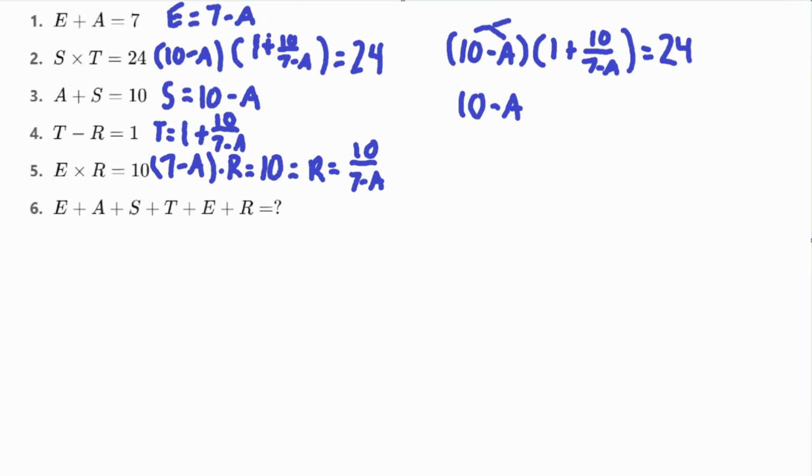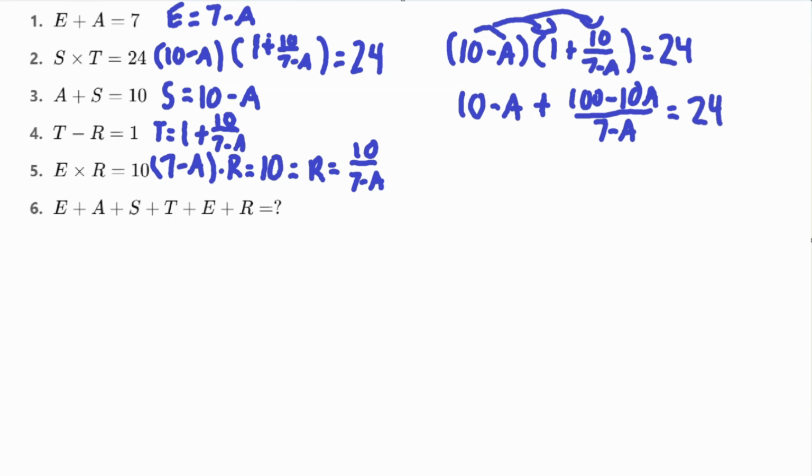And then 10 minus A times 10 over 7 minus A, we can just multiply 10 minus A times 10 in the numerator. So that will be 100 minus 10A, so we distribute the 10 to both of these terms, over 7 minus A. And this is equal to 24.